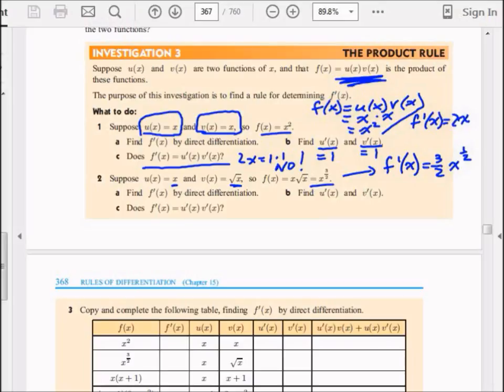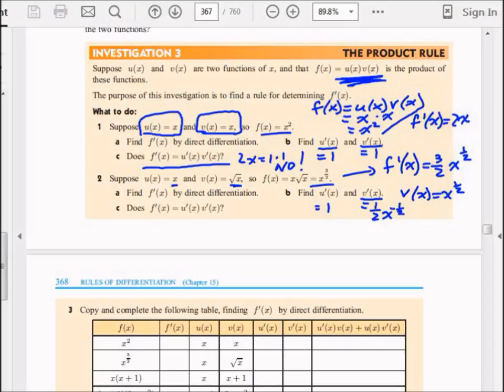Find the derivative of u. Well, this would be 1. Find the derivative of v. Well, v of x is x to the 1/2, changing it to an exponent instead of a root sign. Therefore, the derivative of v would be 1/2 x to the power of negative 1/2.